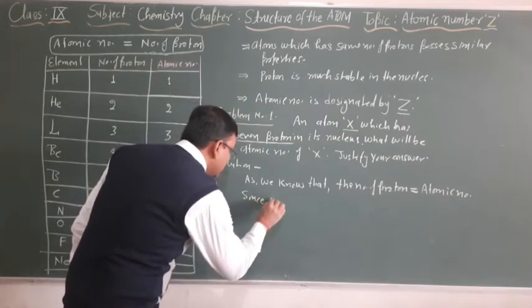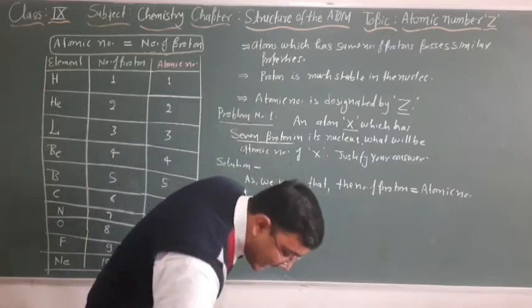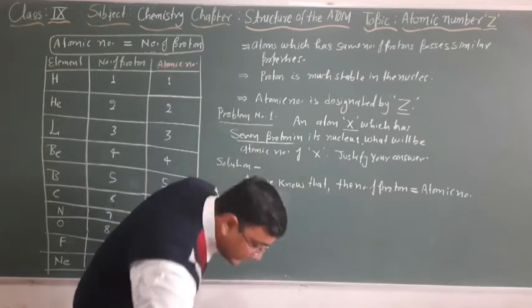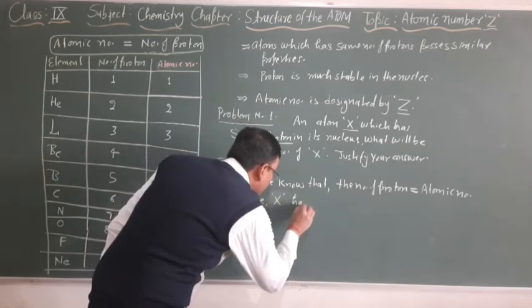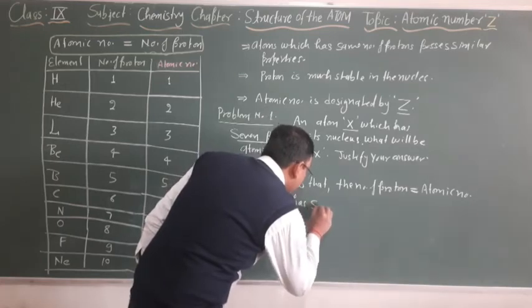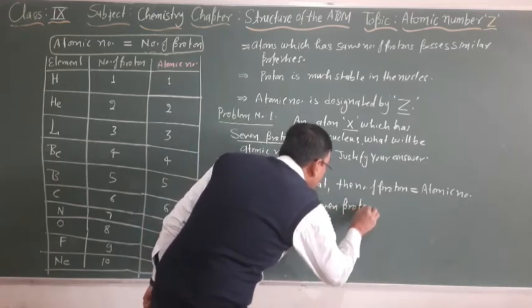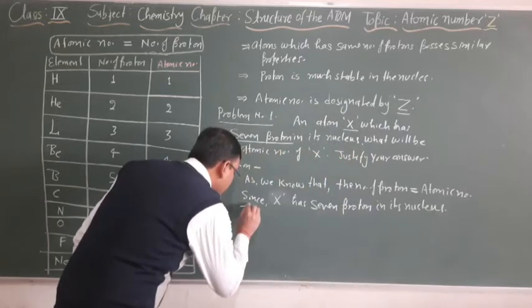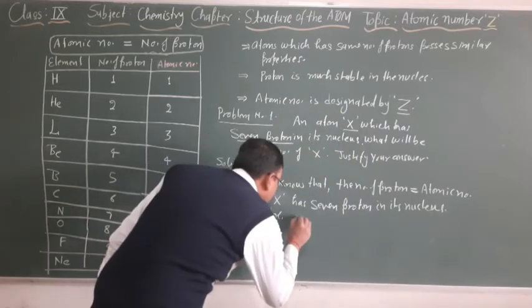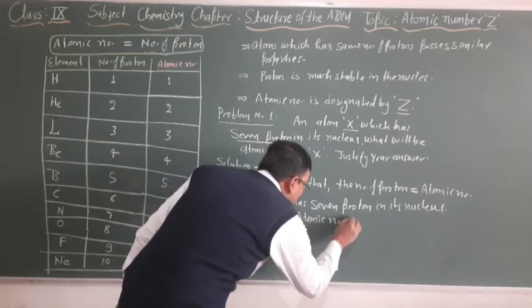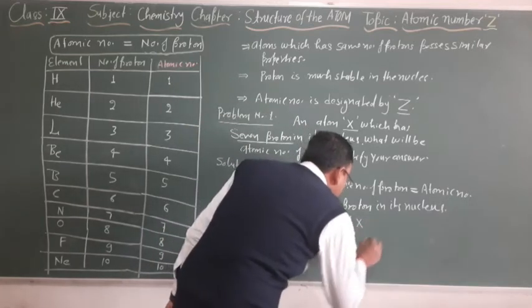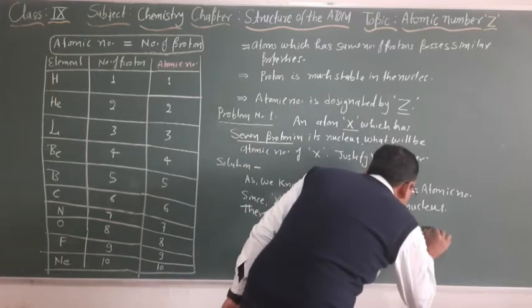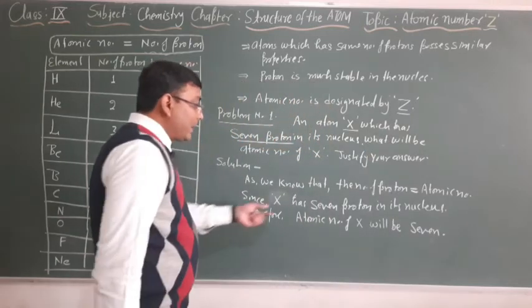Since X has 7 protons in its nucleus, therefore the atomic number of X will be 7.